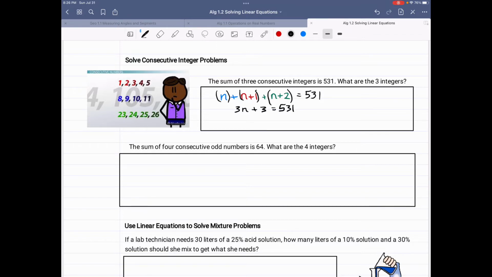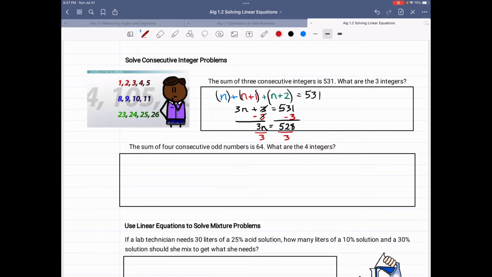We're going to solve this like we've been solving our equations. Minus 3 from both sides. And you get 528. These 3's cancel. 3n equals 528. And our next step is we will divide by 3 on both sides.